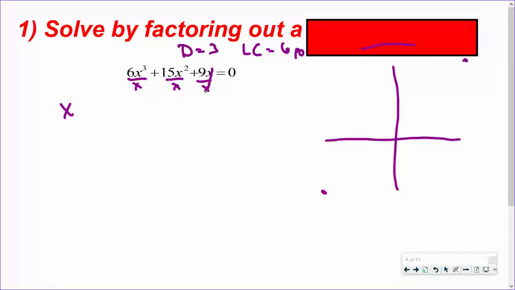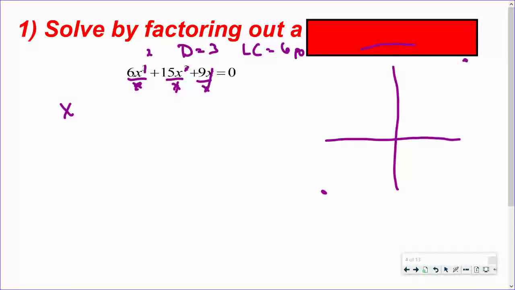What that does is just reduce the exponents for the variables down by 1. Now, 6. I really want this number out front to be a 1, if I can. But if I can get it smaller, that means fewer choices, and it's easier for me to factor.